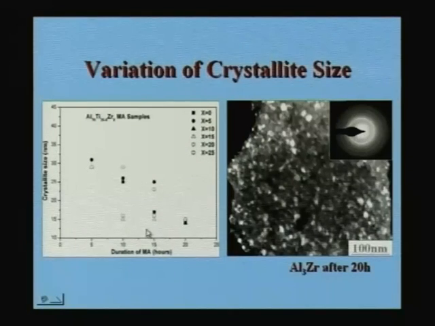It is also important to note that the crystallite size of this compound decreases with increasing mechanical alloying time, and once you reach about 20 hours, you have about 15 nanometers or so. So the crystallite size is again a function of the time of milling, and it's also a function of the percentage of zirconium in it. The higher the amount of zirconium, the lower the crystallite size.